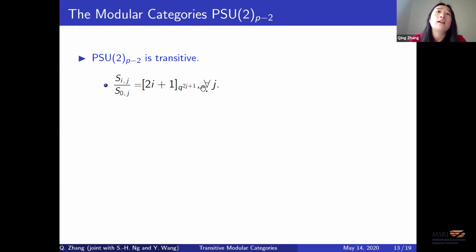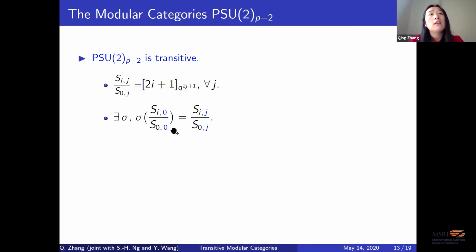Using the fact that p is a prime number and 2j plus 1 is relatively prime to 2p, we know there's always an element in the Galois group that maps 0 to j. So j lies inside of the orbit of 0 for any j. Therefore, this category is transitive.